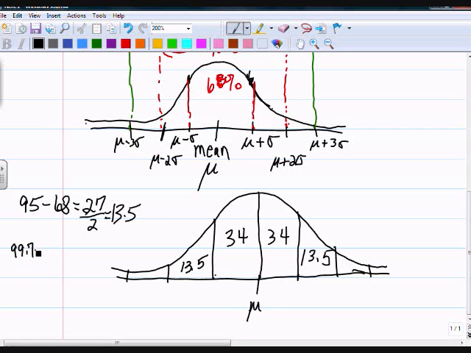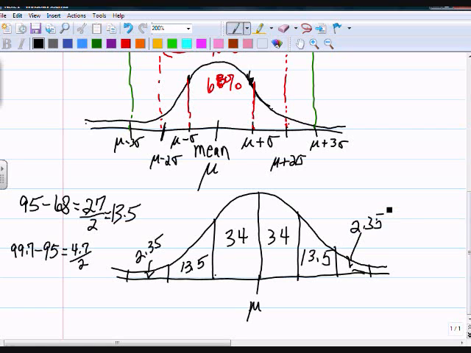Take 99.7, subtract off the 95, divide that by 2 and get 2.35, let me write it up here, 2.35, and this one's going to be 2.35.